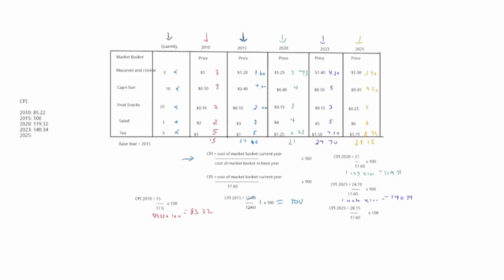And then for 2025, we're going to get 28.15 divided by 17.6, which is going to give us 1.5994 times 100, which is going to give us 159.94. And so now we have all the CPIs for all of these years.